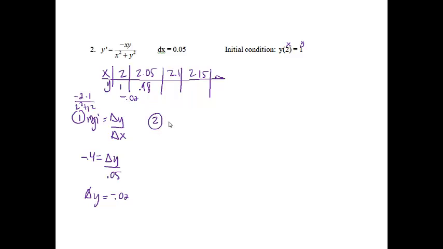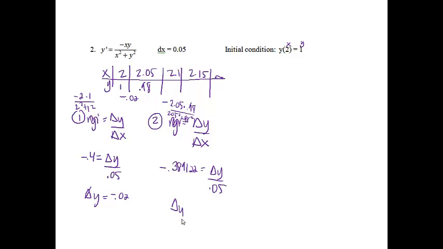Approximation 2: once again, m is equal to delta y over delta x. M is y prime. To figure that out, we do negative 2.05 times 0.98 divided by 2.05 squared plus 0.98 squared, and when I do that, I get negative 0.389122, and that equals delta y over 0.05.